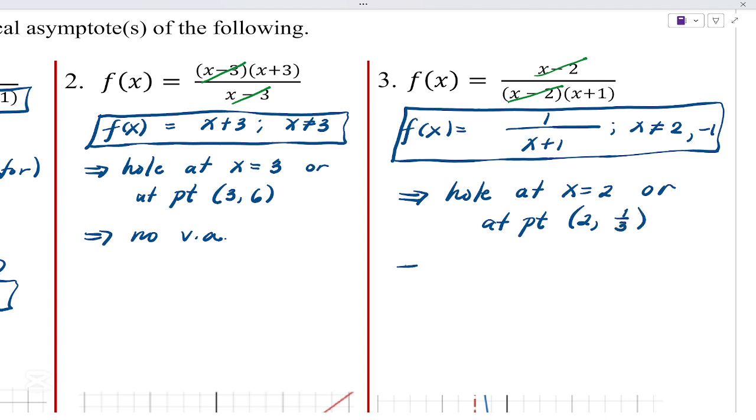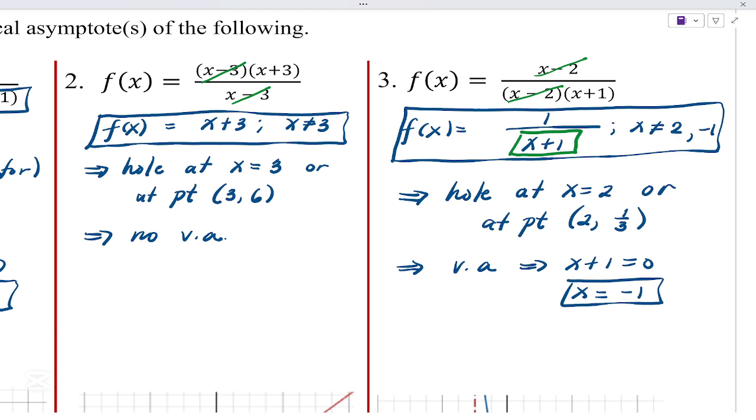And then to locate the vertical asymptote, since there is a denominator in the new function, which is x plus 1, we equate the denominator to 0. So the vertical asymptote is when x plus 1 is equal to 0, and we get x equal to negative 1.